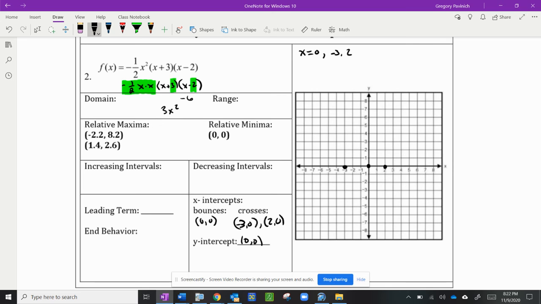So that's my last term. It does not have a constant term. My leading term is going to be a fourth degree, negative 1/2 x to the fourth.